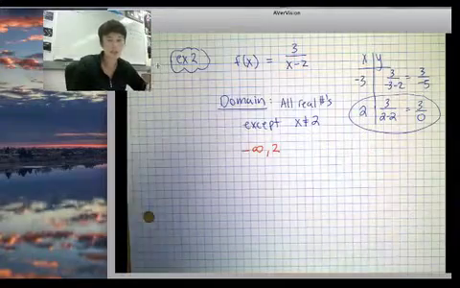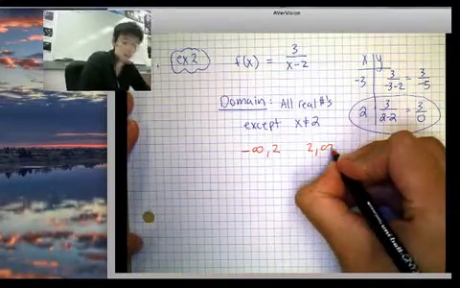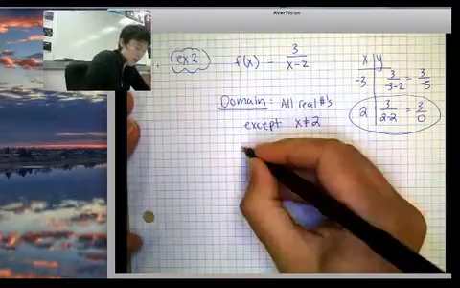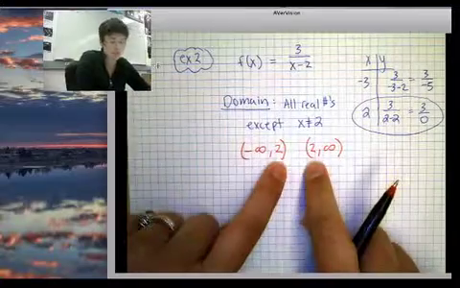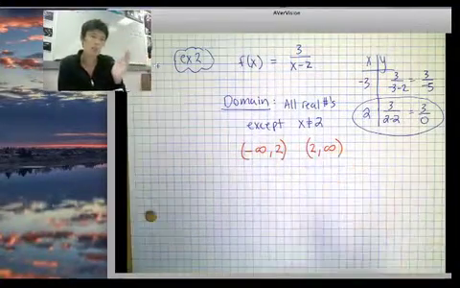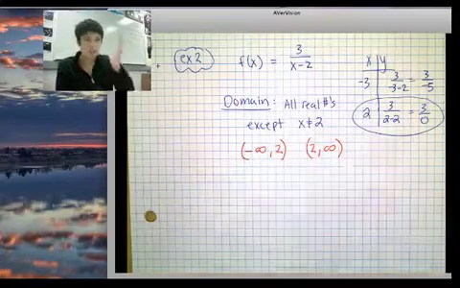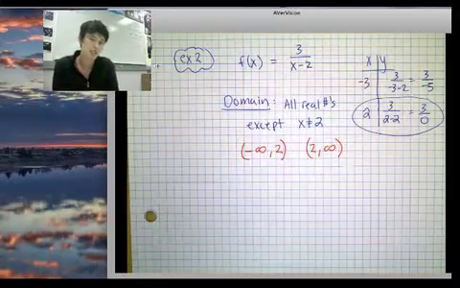But then it stops. That's the one number that's not okay. And then it goes from 2 to positive infinity, and all those numbers are okay. And parentheses for the infinities, parenthesis for the 2 because the 2 was not okay. Does that make sense? So it goes -infinity to 2. There must be like a blank spot on the graph there, a hole or something. And then 2 to infinity.